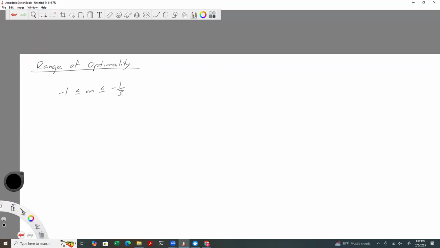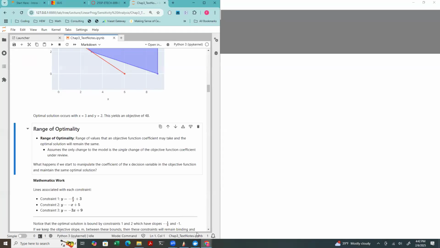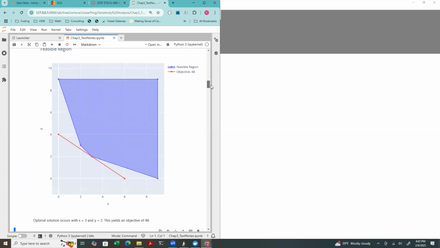And I'm going to write it like this because that m, when I write y equals mx plus b, is going to stand for the slope. And so if I look back over here, one of the things you may think about is, okay, what would cause the optimal solution to jump between these two vertices, for instance?